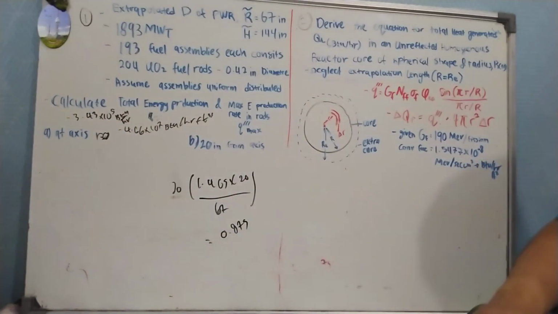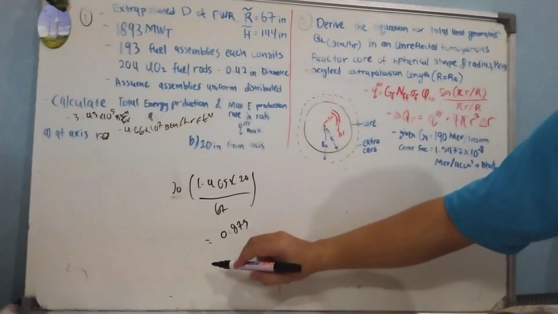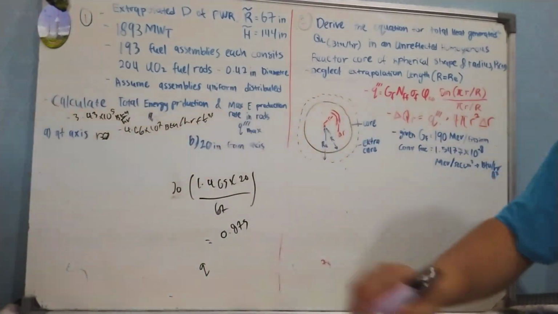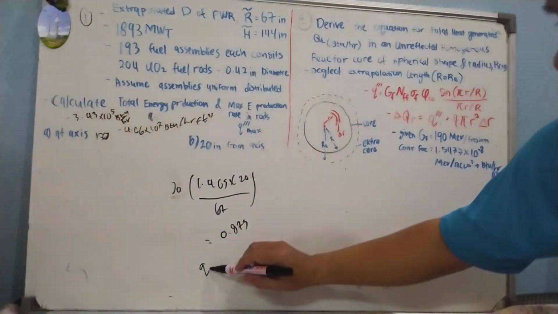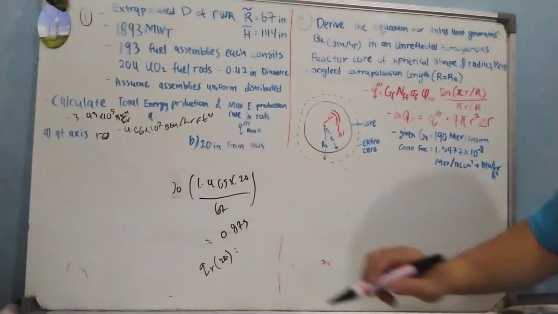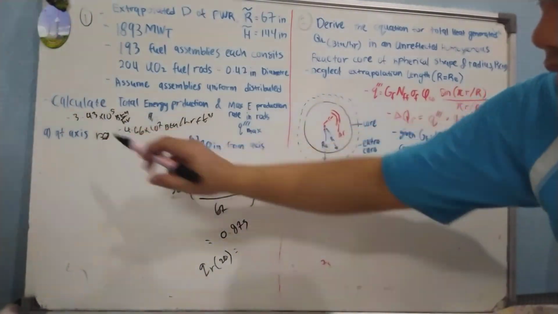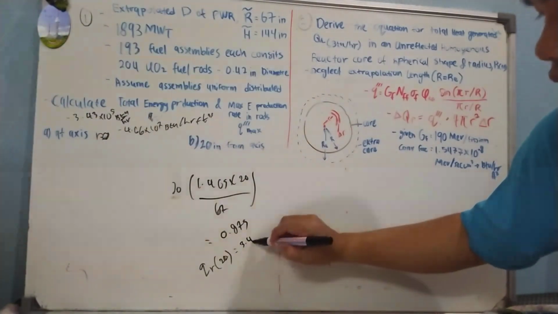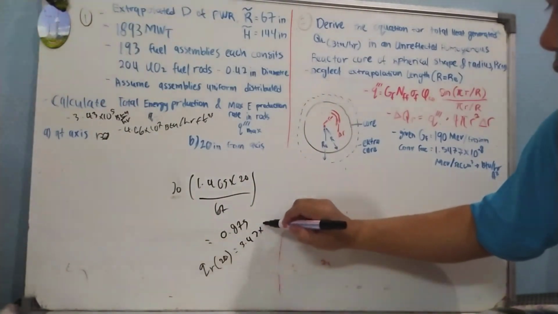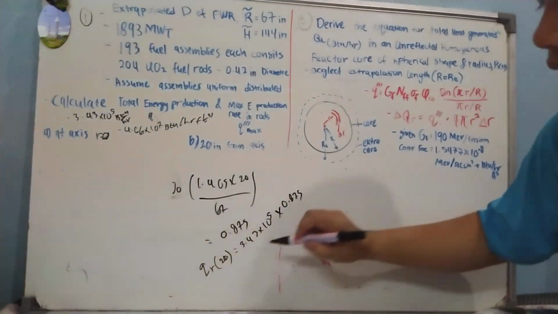So this 0.875 is the factor; we just multiply the previous answer by it to get QR at 20 inch. The previous answer is 3.43 times 10 power 5 times 0.875.